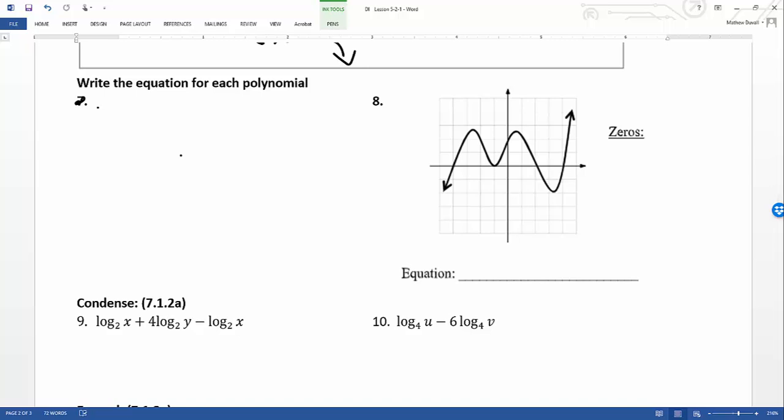So write the equation for each polynomial. Okay, so remember it's y equals a times, and then it crosses here, so x minus 1, 2, 3, 4, so x minus 4, and then x minus 1, x minus negative 4, x minus negative 1, and then it crosses here, so we'll say x minus 2, and then it crosses here, so then x minus 4.